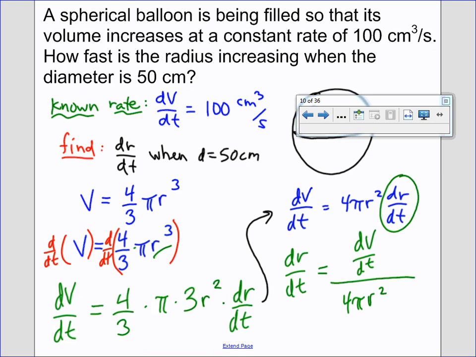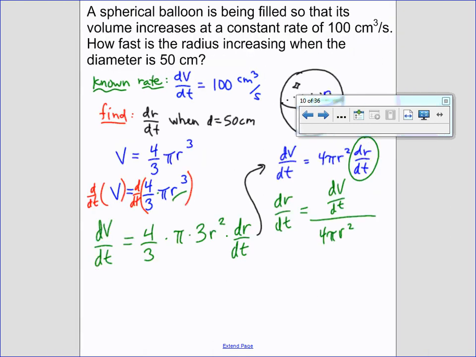So I solve for dr dt in this case by a one-step division. And now, and only now, will I substitute in my moment in time, my instant. So dr dt must be given by dv dt. What was dv dt? That was my 100 cubic centimeters per second. So 100 goes into that over 4 pi r squared. And r is the radius at the instant when the diameter equals 50.